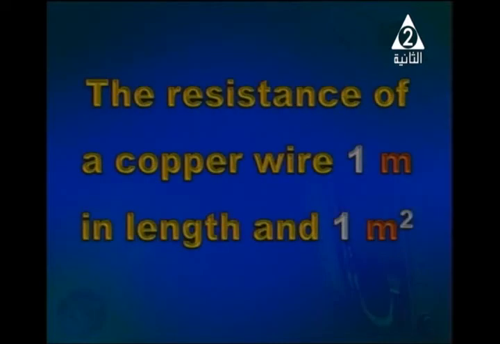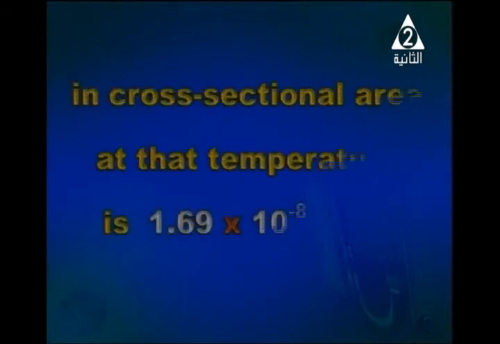It means the resistance of a copper wire, 1 meter in length and 1 meter squared in cross-sectional area, at that temperature is equal to 1.69 times 10 to the power of negative 8 ohm.